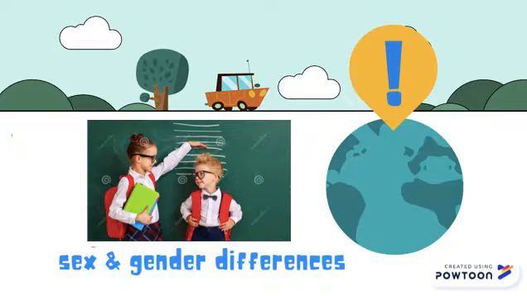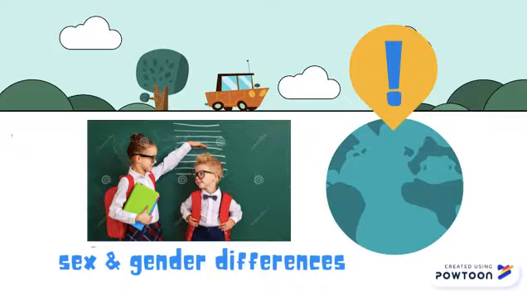The third factor is sex and gender differences. Sex difference is based on biological basis, very biological and inherited, but gender difference is based on both biological and social origins. The example of sex difference is girls and boys tend to develop at different paces at different stages of development.